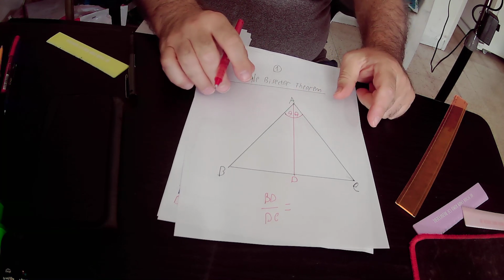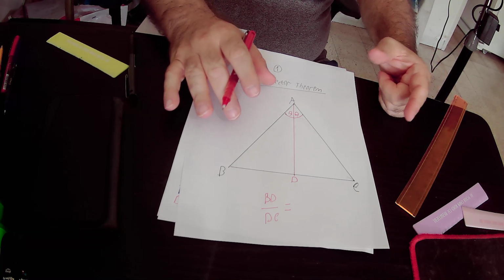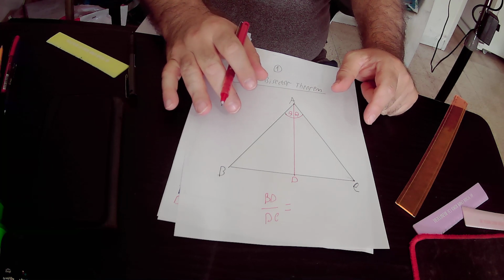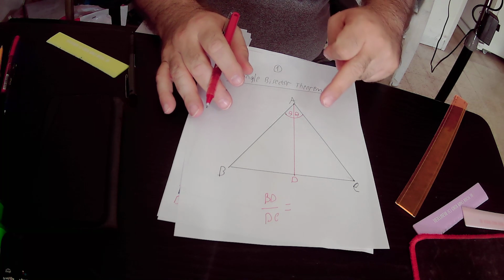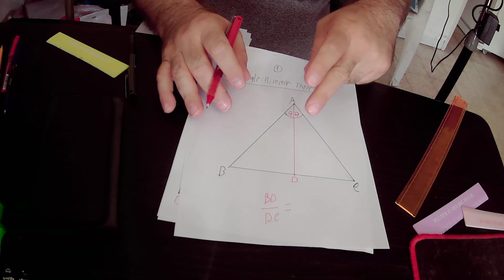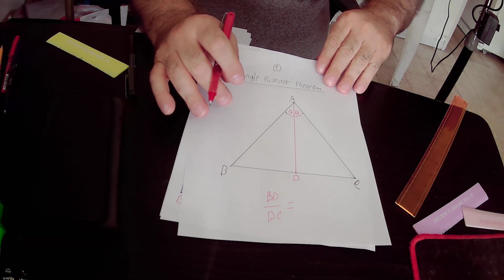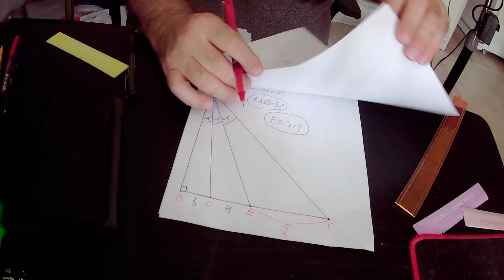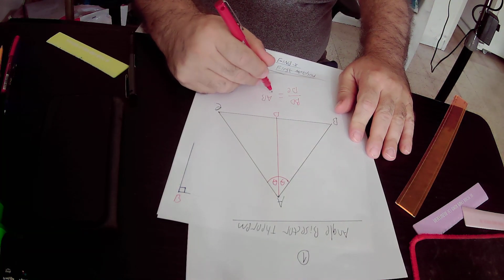These angle sides or angle legs are actually AB and AC. So the ratio between the angle legs is AB over AC.